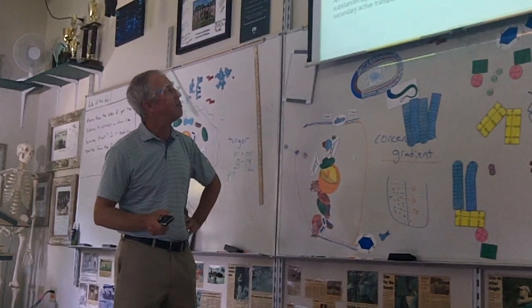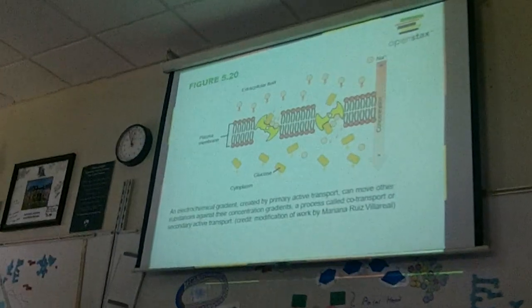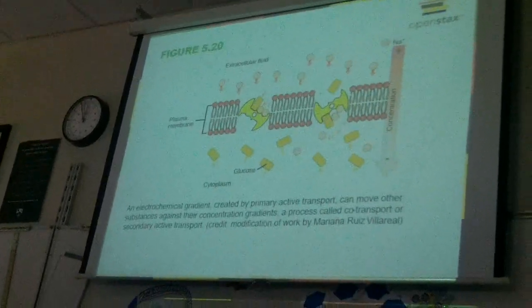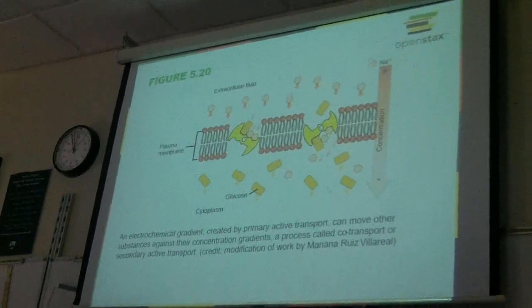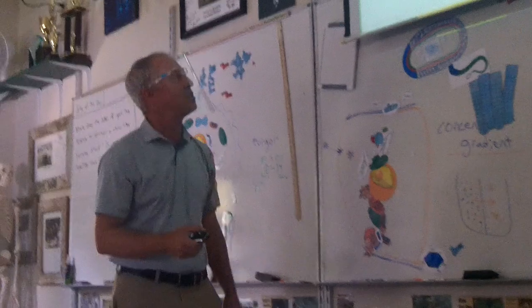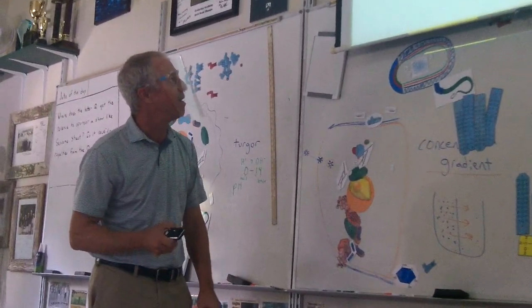So anyway, both of these are getting pushed against their concentration gradient. No, I'm sorry. The glucose is getting pushed against its concentration gradient. The sodium is moving down its concentration gradient. Normally molecules like to move down their concentration gradient. So the sodiums will just come right through without using energy.